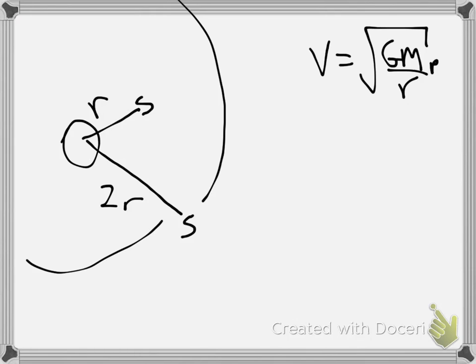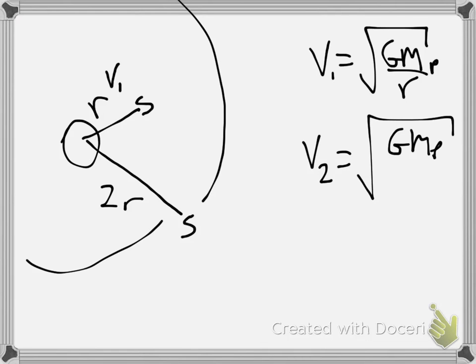So this velocity here is v1. Then v2 is the square root of big G, mass of the planet, over 2r. Okay, so that's the new velocity, the velocity it needs to stay at that height.